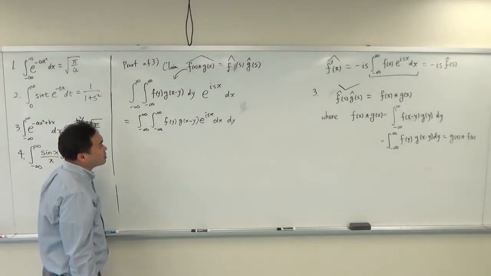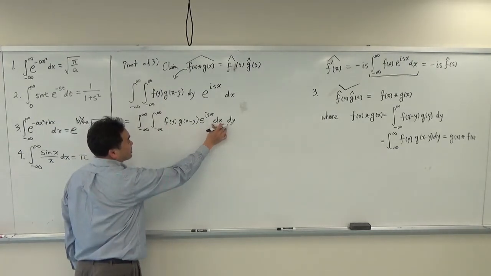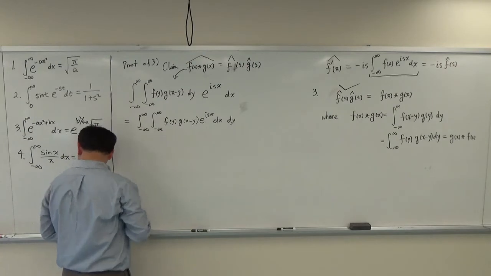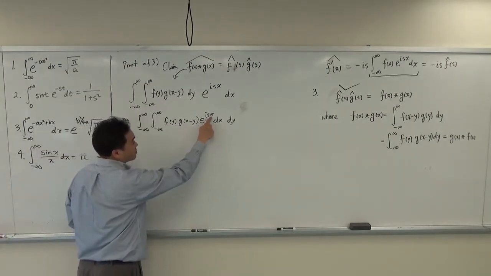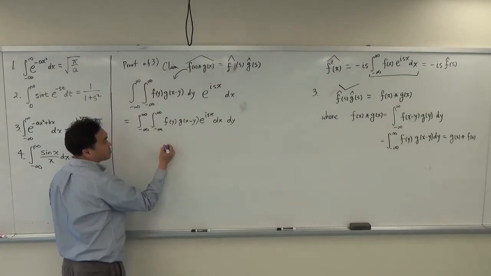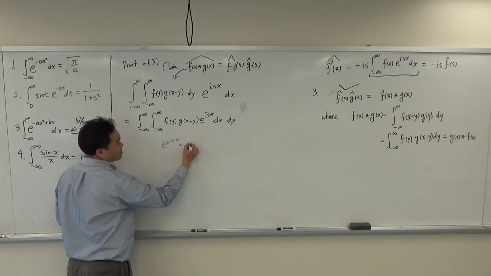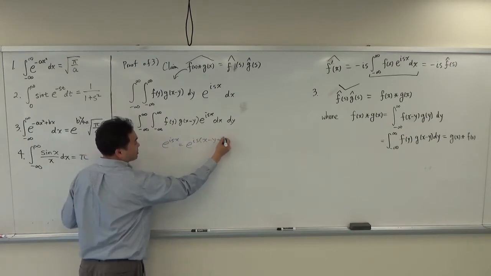But then, notice that f(y) is now independent of dx, so I can move this outside. And in addition, we can make this thing look like that. I can make e to the isx look like e to the is(x minus y plus y).